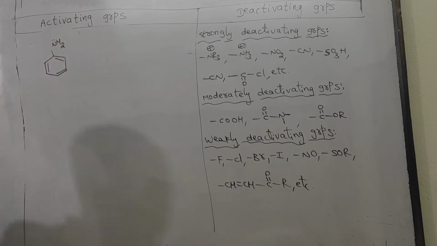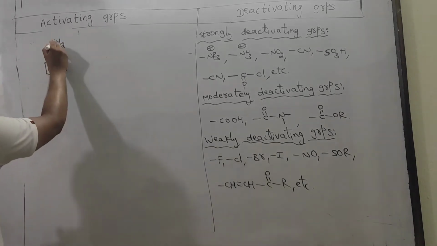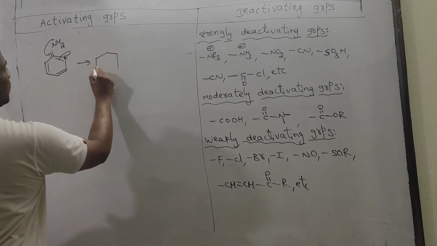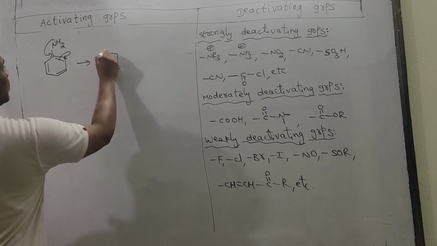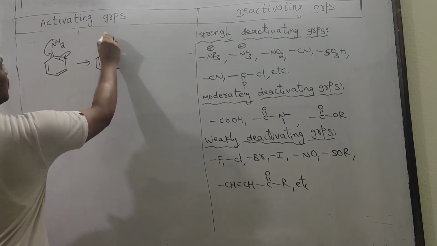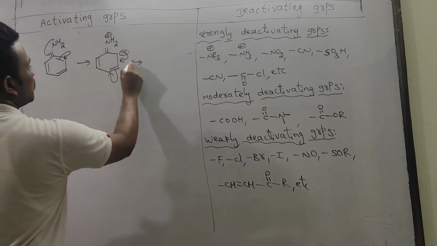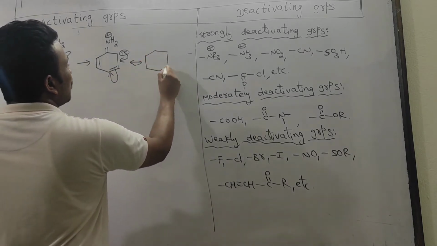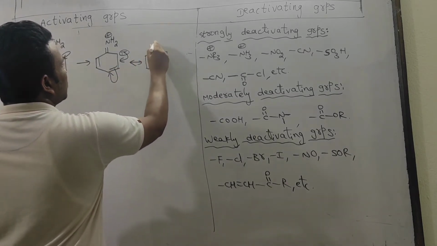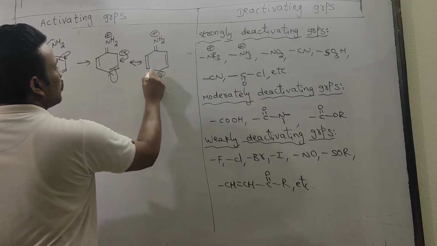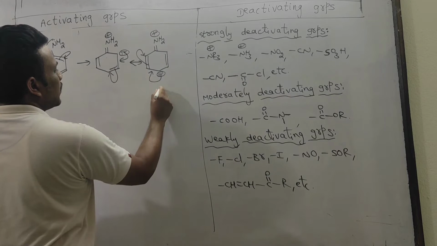If any plus R group is there, then a lone pair is present here, no doubt. It donates the lone pair, increasing the electron density in the benzene ring like this. At ortho and para positions resonance effect is operative, but at the meta position there is no resonance effect. This is our childhood concept from class 11.